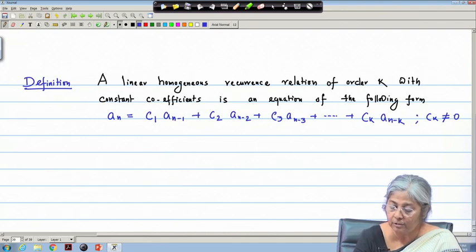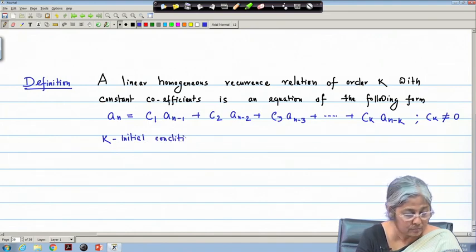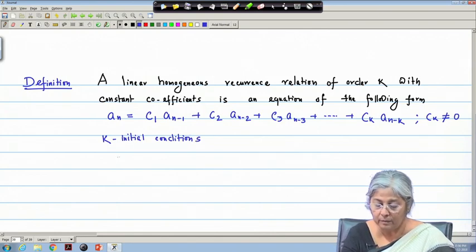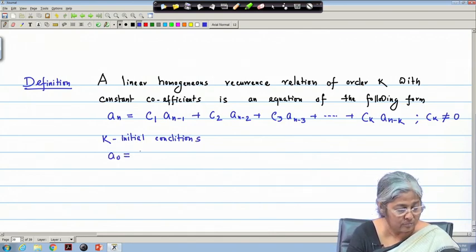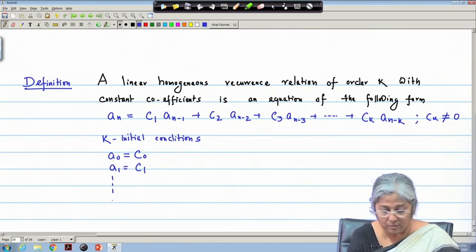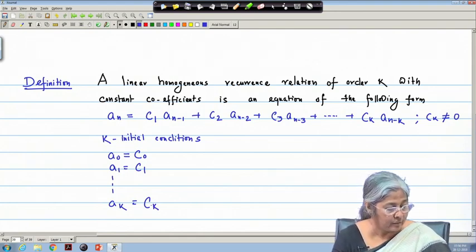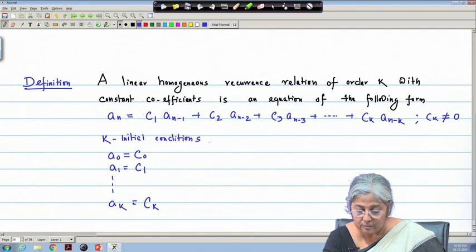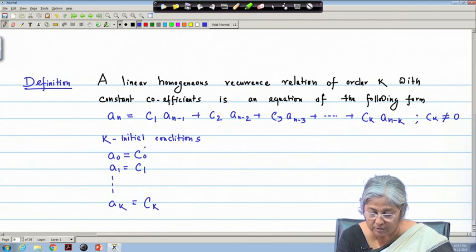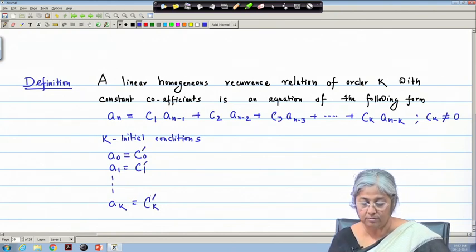and here we need the k initial conditions, as if a_0 equal to C_0, a_1 equal to C_1, then a_k equal to C_k.